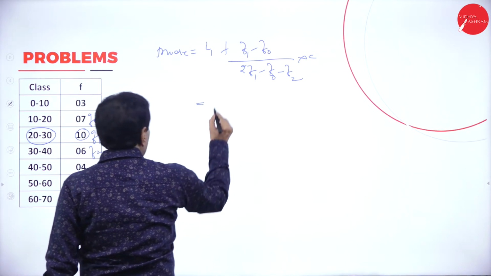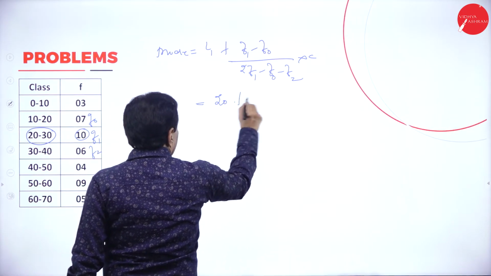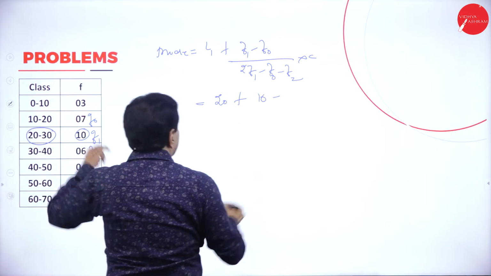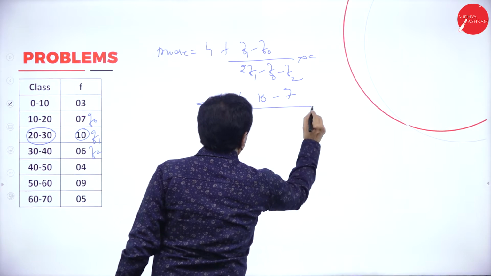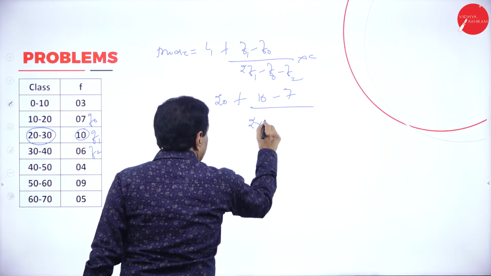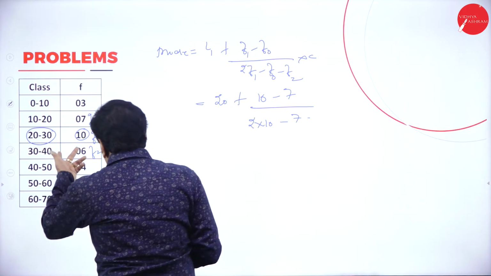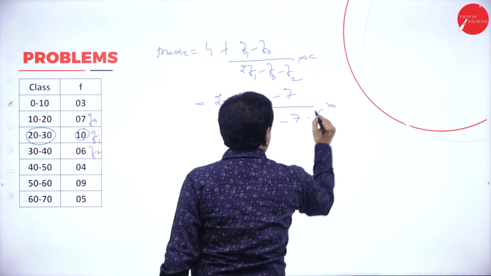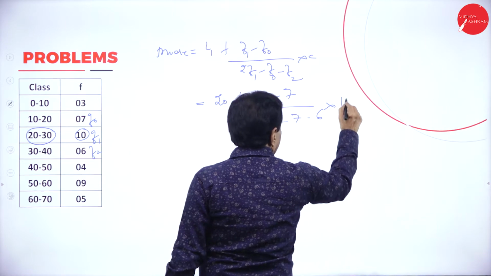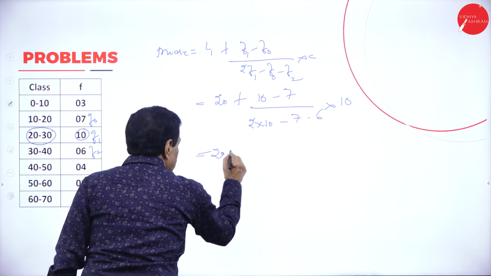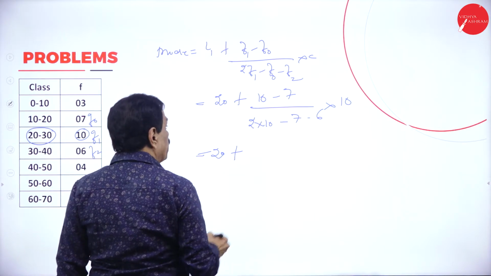What is your L1? 20. Which is your highest frequency? 10. Behind frequency 7, divided by 2 into 10 minus F0, which is 7, minus your next frequency 6. Your class interval 20 to 30 means 10. Apply slowly. 10 minus 7 is 3.